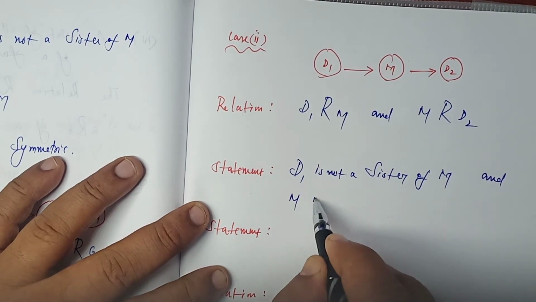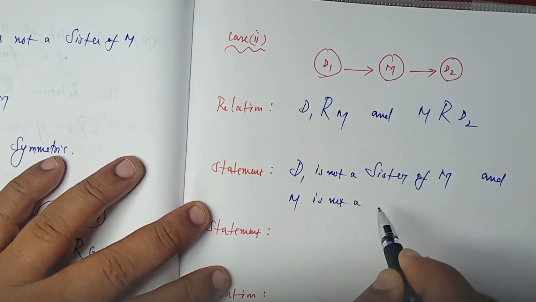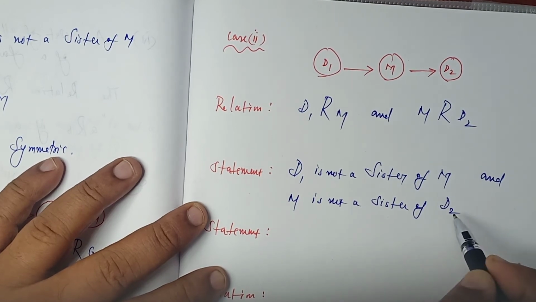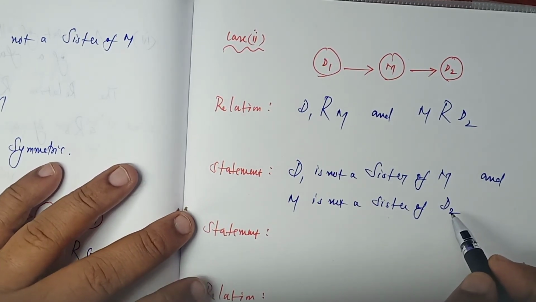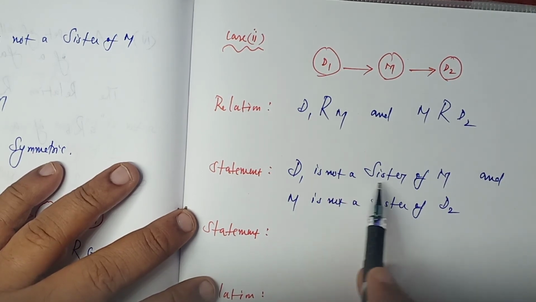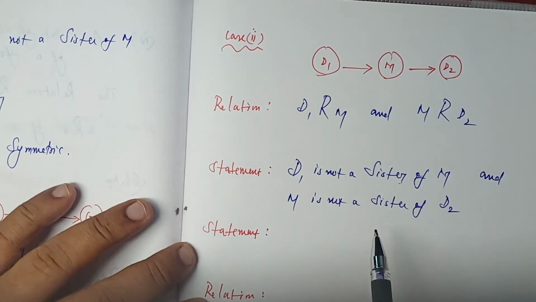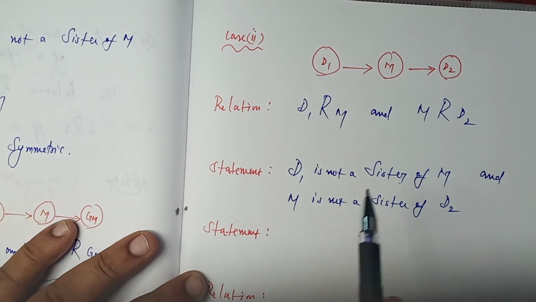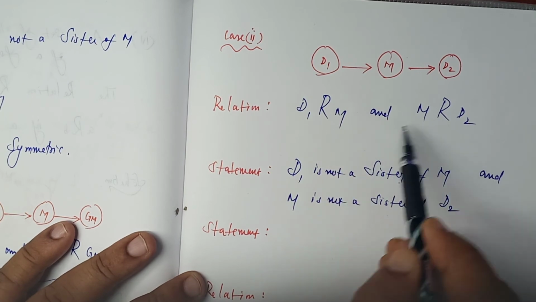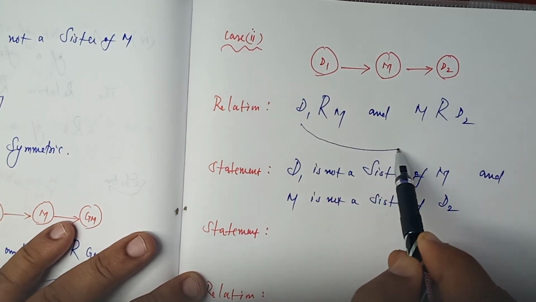M is not a sister of D2. This is also correct. The given statement is, remember, not a sister. Here it ends with M, here it starts with M, continuity is there, so we have to consider these two.